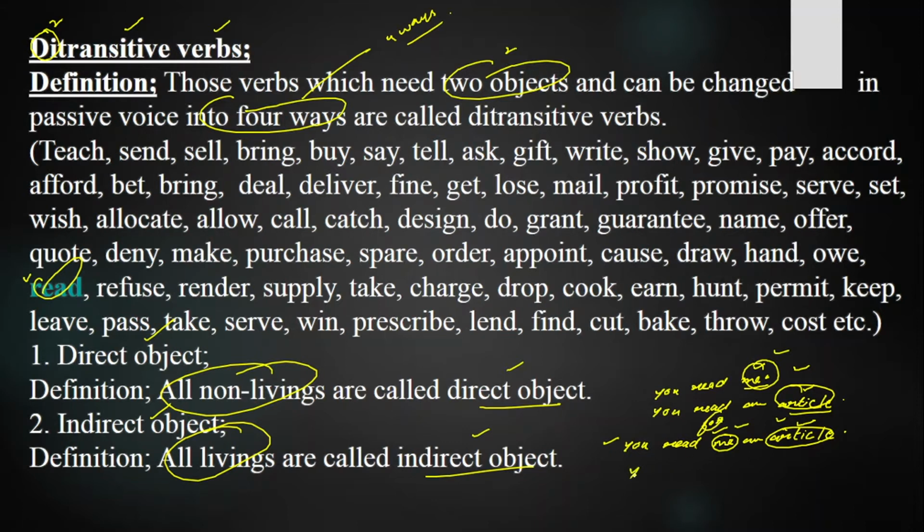So your sentence in the second way will be as follows: you read an article for me. So there are two ways in active voice. Just add the preposition for in the second way. So these are the sentences of the ditransitive verb read in active voice in 2 ways.